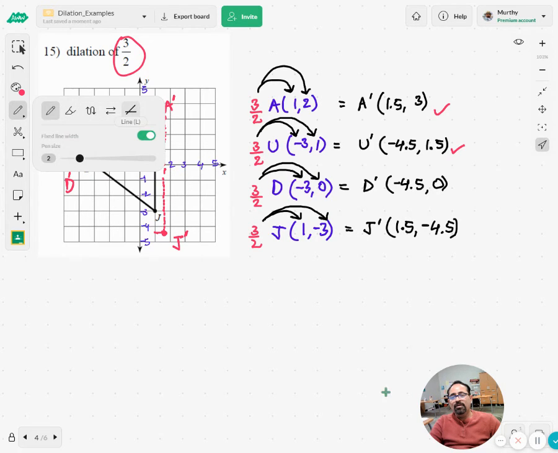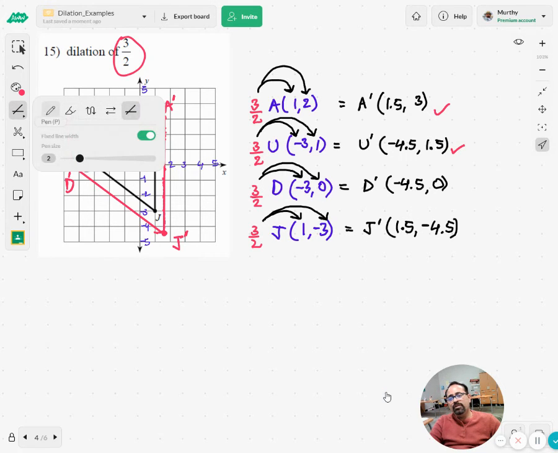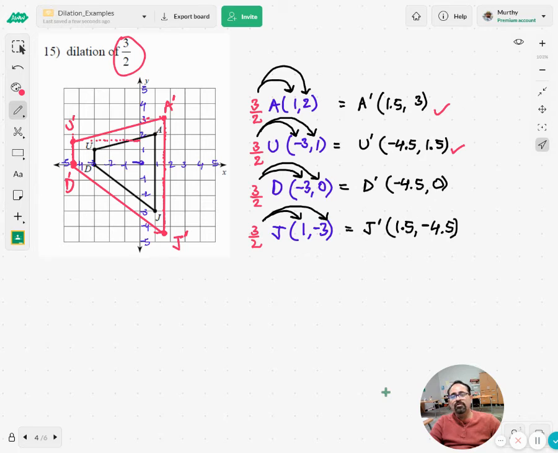At the end, join all these points using a straight edge if you are working on a piece of paper, and we get a dilated quadrilateral with scale factor 3 over 2. 3 over 2 means, if you convert it into a mixed fraction, it is 1 and 1 over 2.